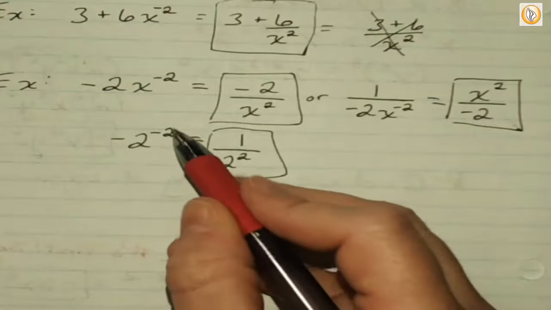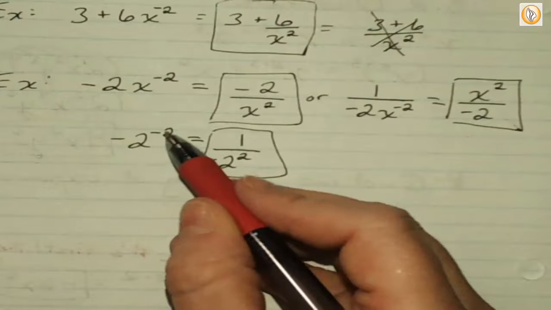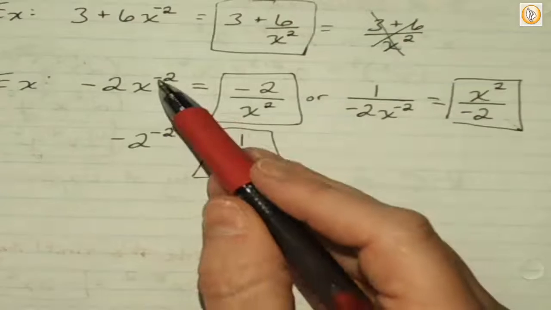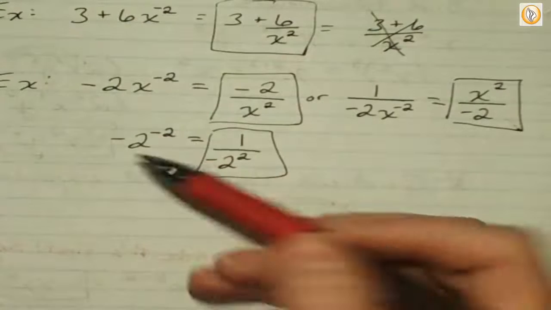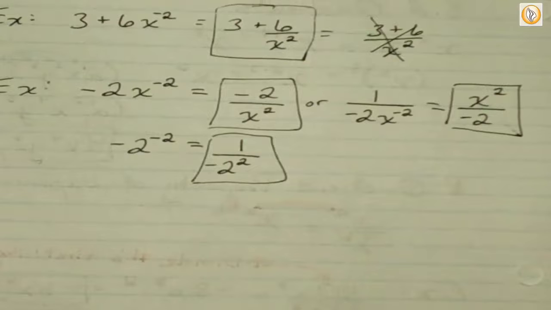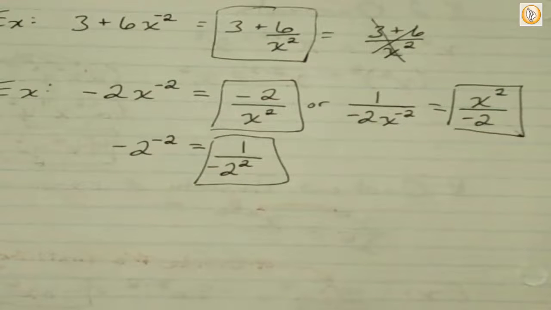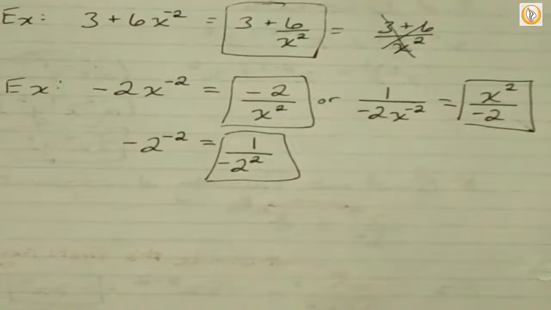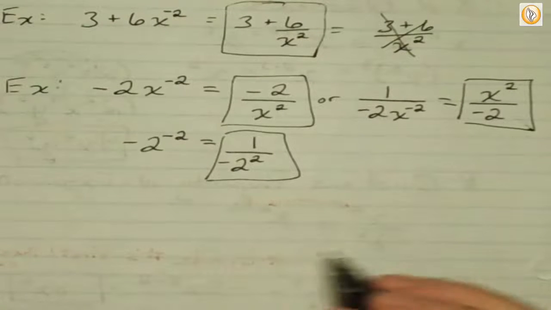This rule only applies to the exponent and whatever the exponent is attached to. So will we ever change the whole number? No. Not in this case. All right. Any more questions before we move on? All right, good.